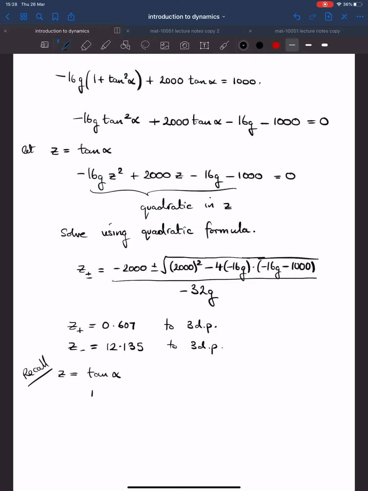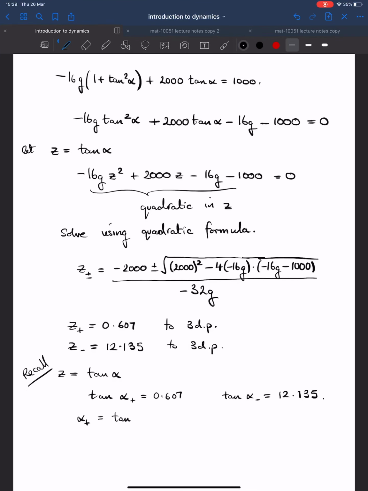So now we have the following equations to solve. Tan of alpha plus, the alpha plus value that corresponds to this, equals 0.67. Again, I write these equations with 3 decimal places for presentation purposes, but when I compute, I'll do everything with full precision. Now remember, we simply have to invert tan here.